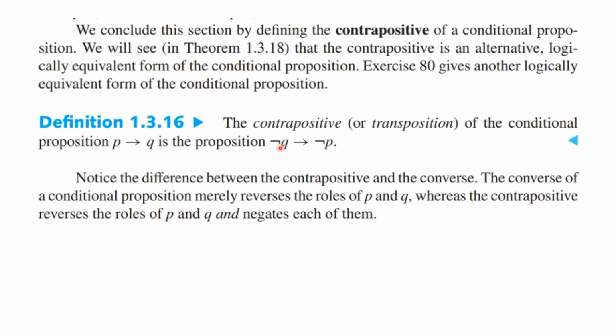If I'm not wearing a suit jacket, then I don't have an important meeting. You should notice the difference between the contrapositive and the converse. The converse of a conditional proposition merely reverses the roles of P and Q, whereas the contrapositive reverses the roles and negates each of them.